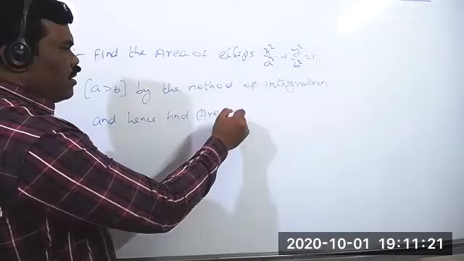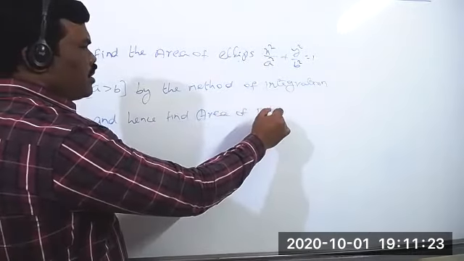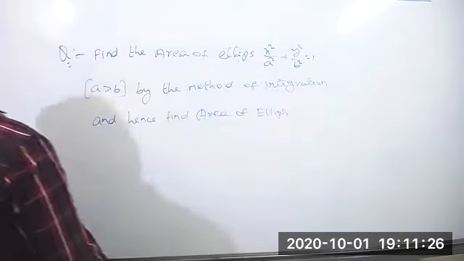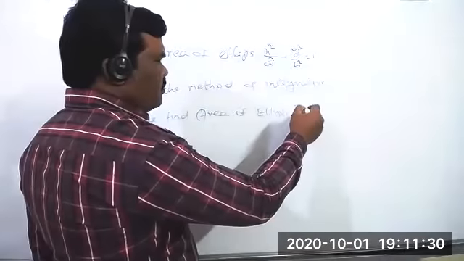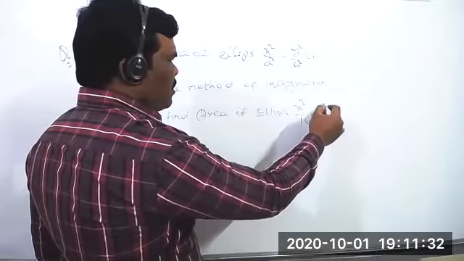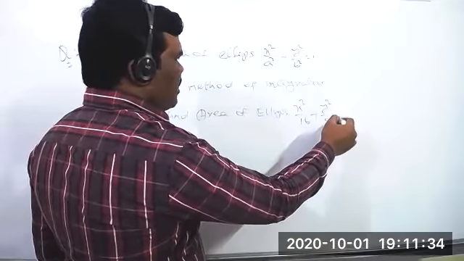Find the area of the ellipse x square by 16 plus y square by 9 equal to 1.